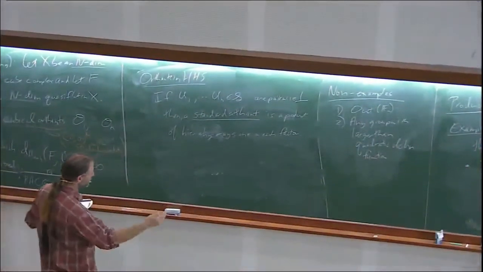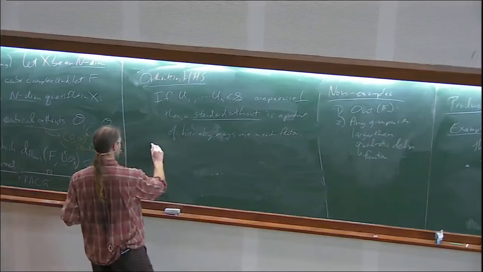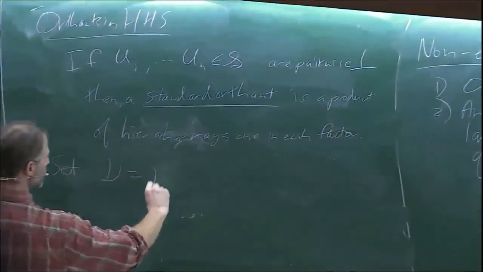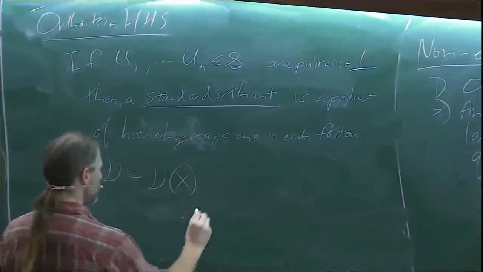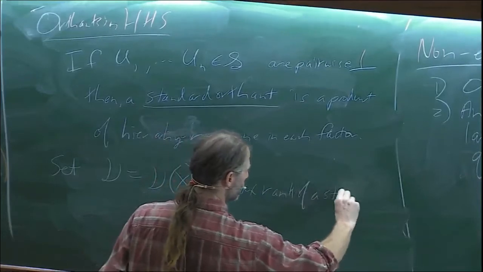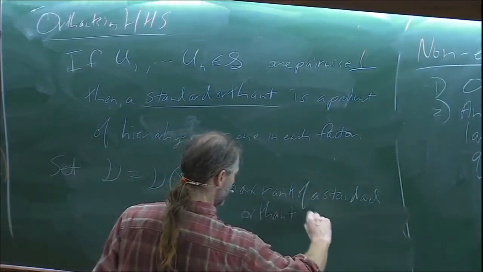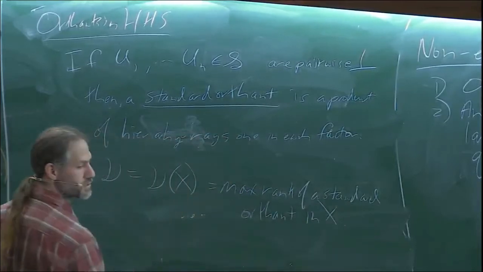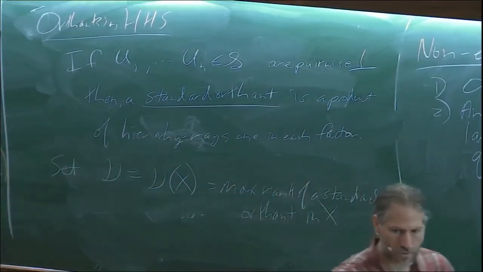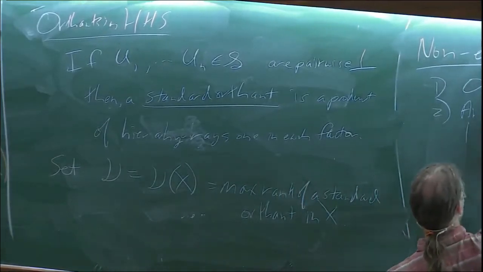They project nicely into every element of the index set, with a hyperbolic space associated to every element in the index set. Okay, and so now let's set nu, which depends on X, to be the max rank of a standard orthant in X. So inside your space, you look at all the standard orthants and you write down the maximum rank of one of those.